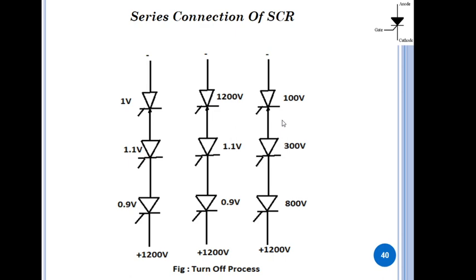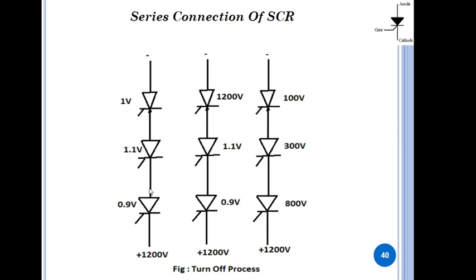Even if you connect SCRs of the same rating, due to their different turn on and turn off times, if they are triggered at the wrong instant, or come into the on state late or the off state late, it is not a favorable condition in the series connection, because we connect a number of SCRs in series to meet a high voltage requirement.